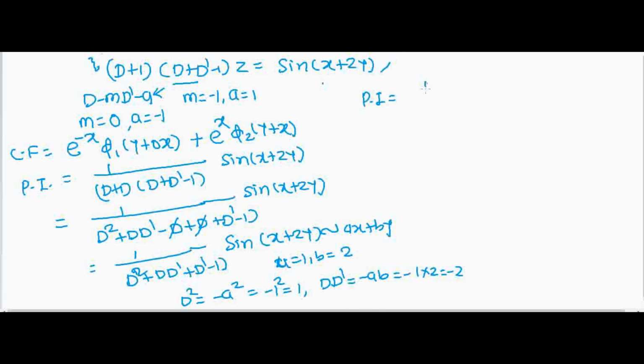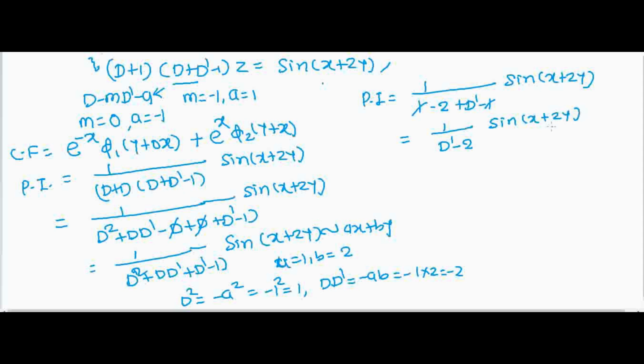This will be 1 divided by D square we have minus 1, plus D into D dash we have minus 2, plus D dash minus 1 into sine of x plus 2y. So minus 1 minus 1 and we have 1 divided by D dash minus 2 into sine of x plus 2y.